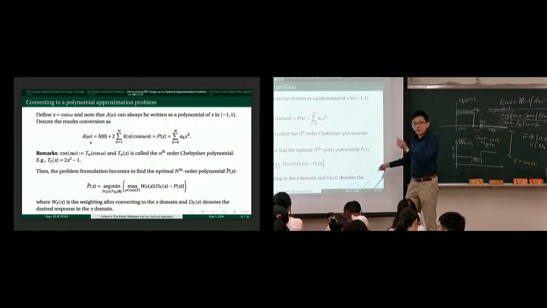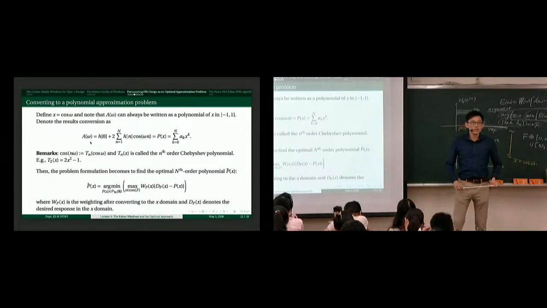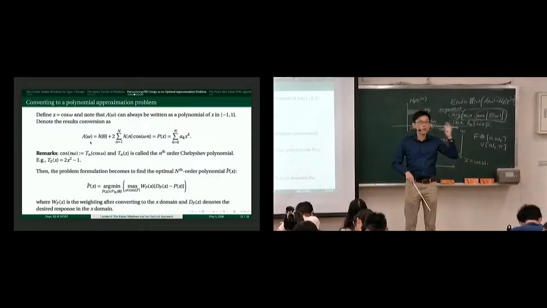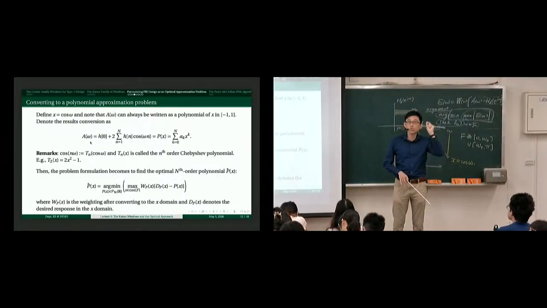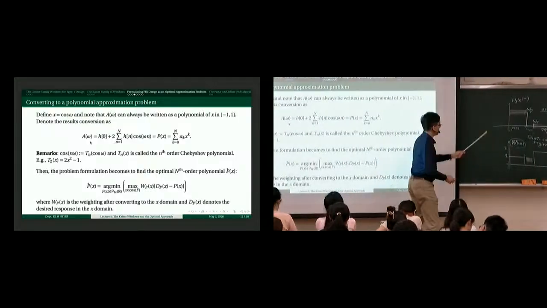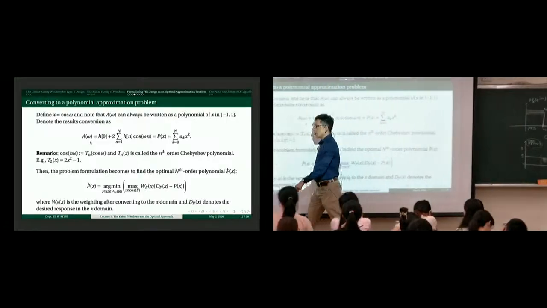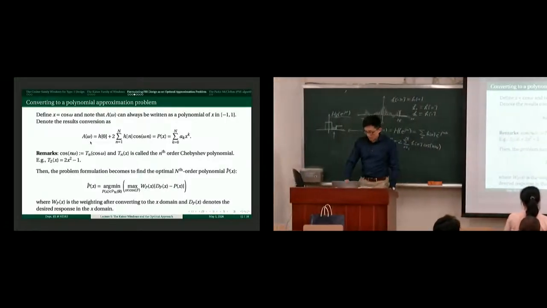So you see that optimization problem happens now in the polynomial space, in the high dimensional space of all possible nth order polynomials. How do you choose one to best approximate passband and stopband response? Okay, so now I'll show you one more figure before we leave the classroom for today.